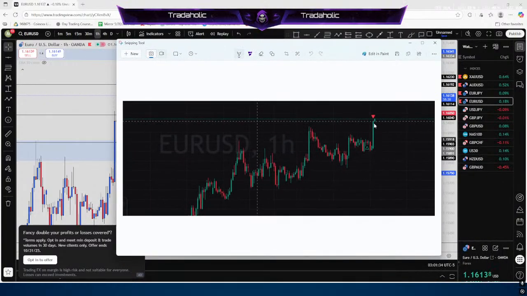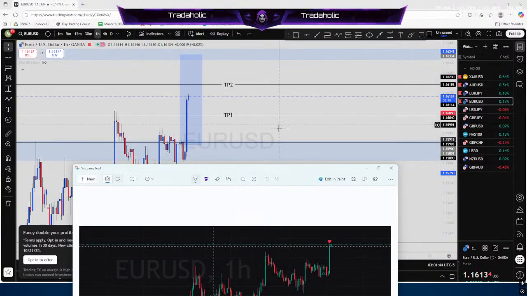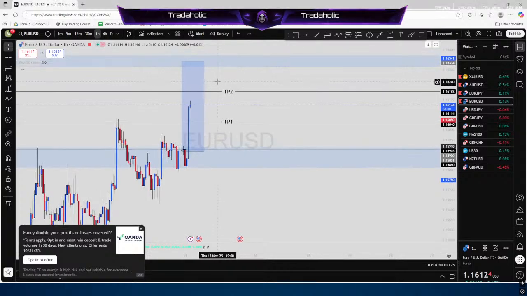I bought in right over here. I just took partials out as price made a new high above here. I did have stops sitting below this low. It's a pretty solid trade. We took some partials out, we still got it running though. So let's see what this runner do.